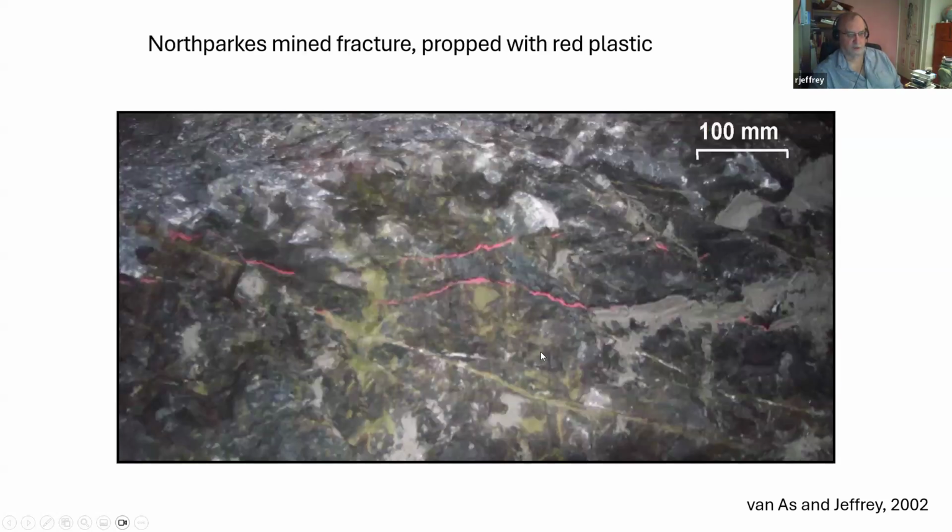So here's what it looked like in a photo, quite a close-up photo. This is the main fracture channel that continued off to the left and right, and this is the branch that was shown in the previous slide.